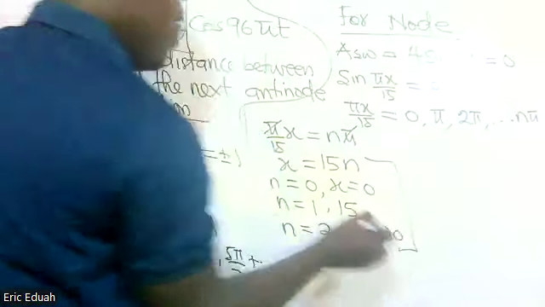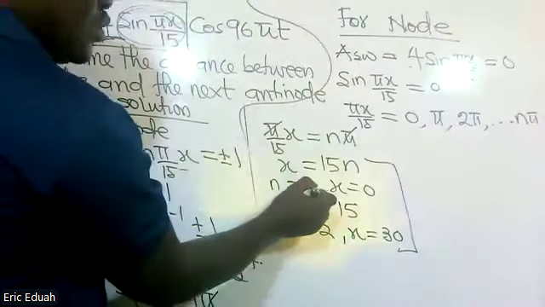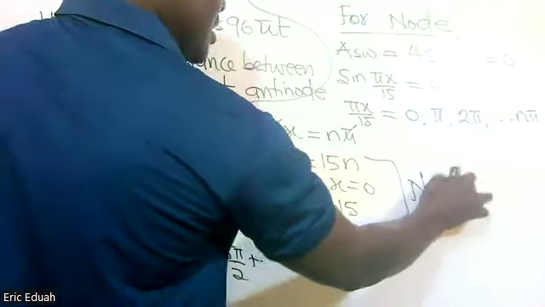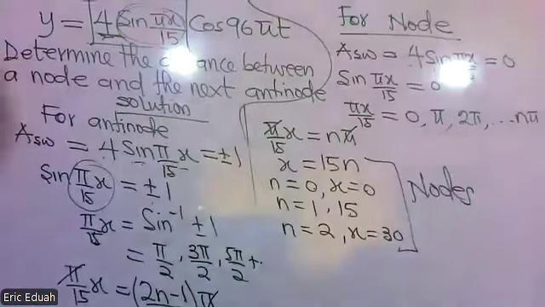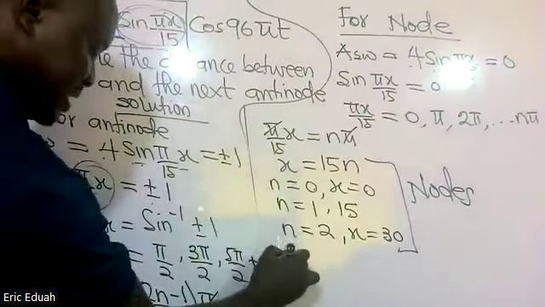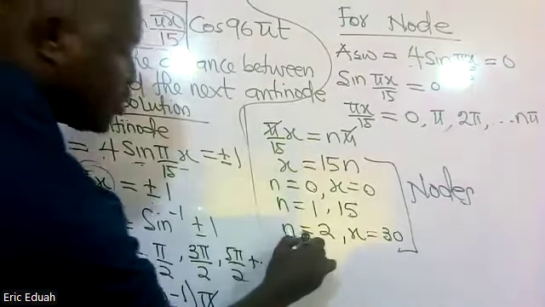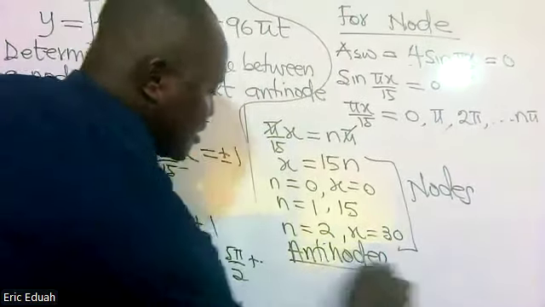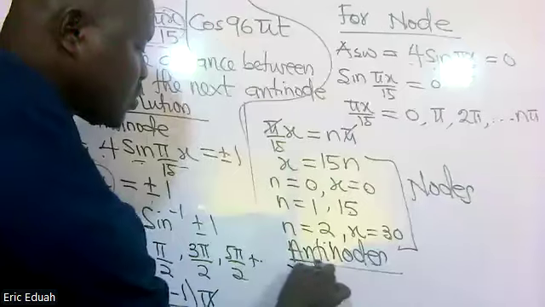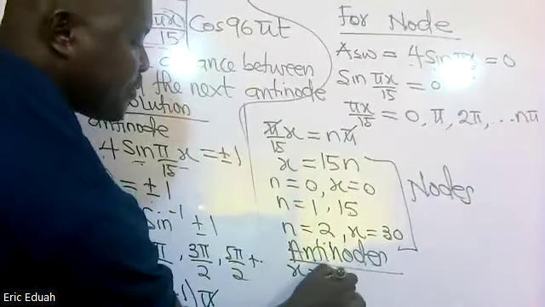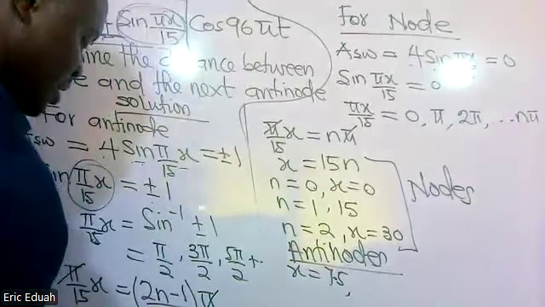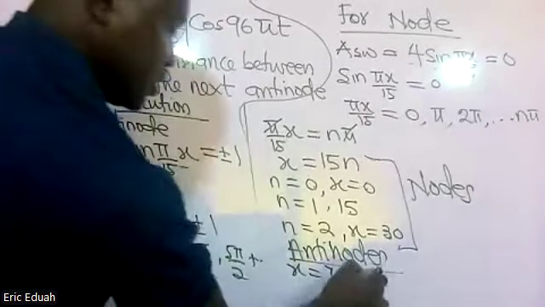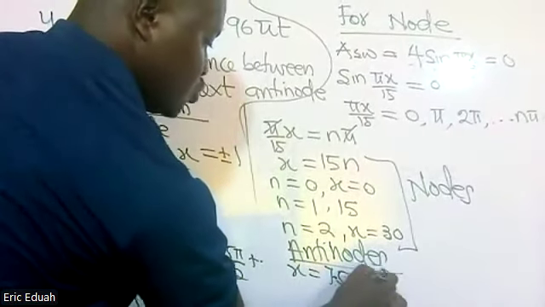This is the first node, second, third. These are nodes. For antinodes, we got the first one at x equal to 7.5, and then x is equal to 22.5.